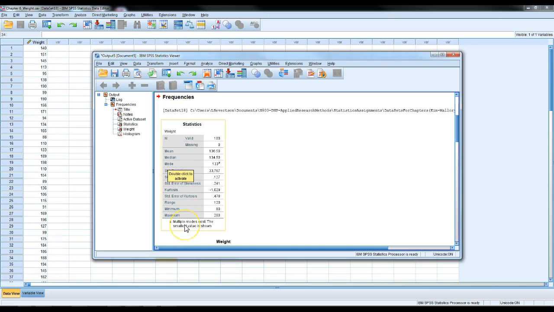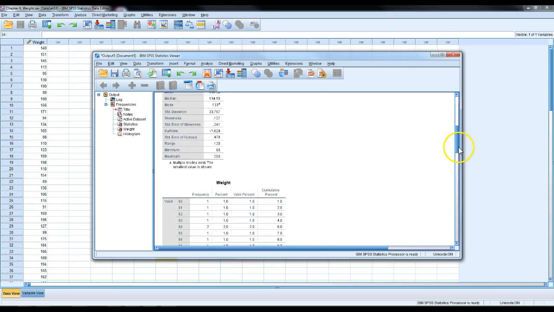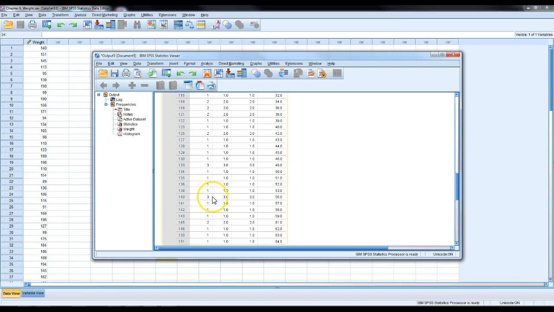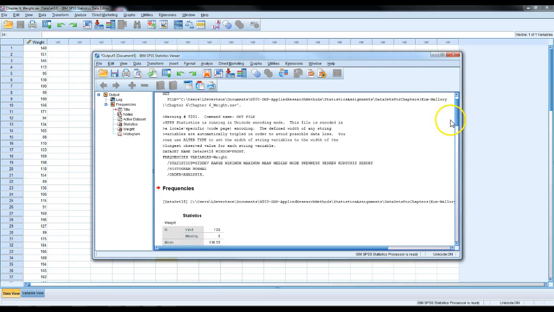And you can see that it says there are multiple modes that exist. And we can see that when we go down here and look at the frequencies. The highest frequency we see is 3, but we see it multiple times. And so that's why they say that the mode exists for more than one value.